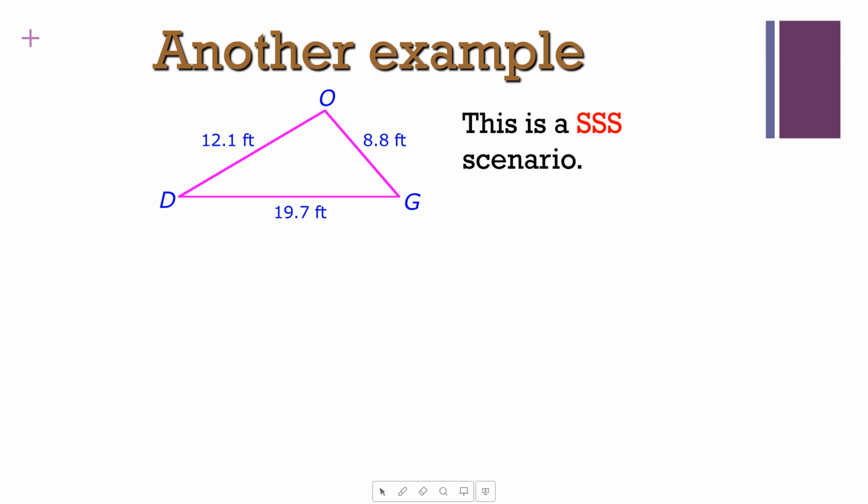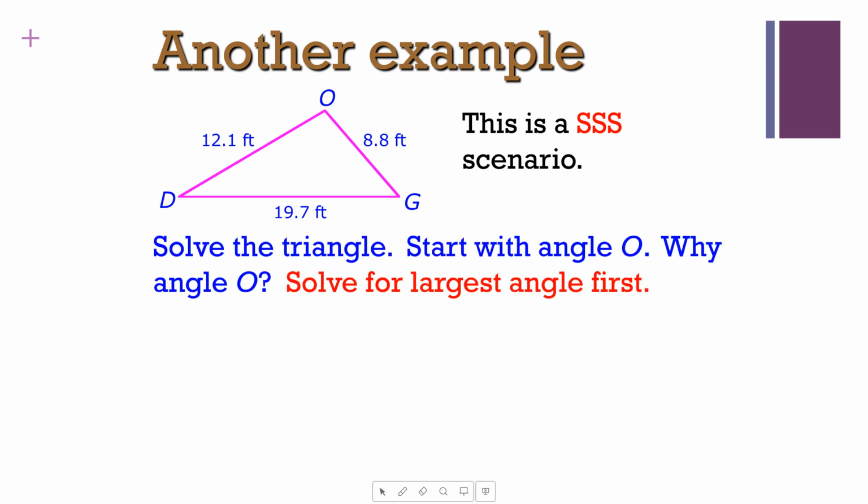We're going to avoid that scenario, and I'm going to let your pre-calc teacher deal with it. So, in order to avoid that problem, we need to remember this. Solve for the largest angle first, always, in the side scenario.